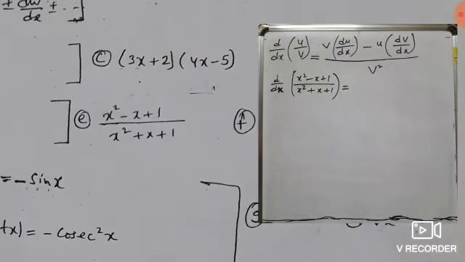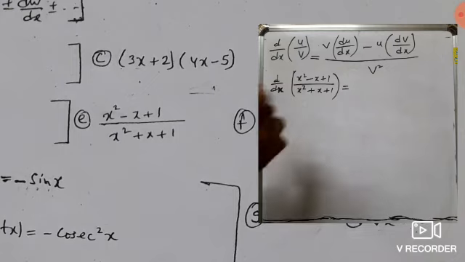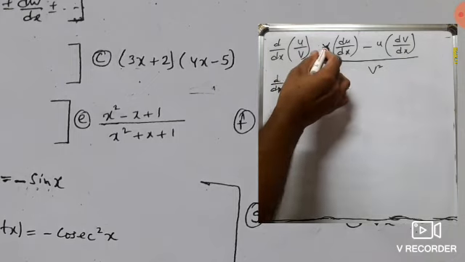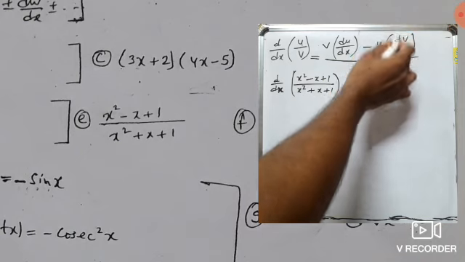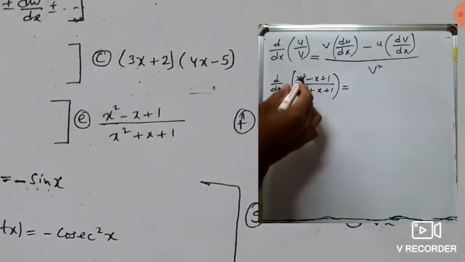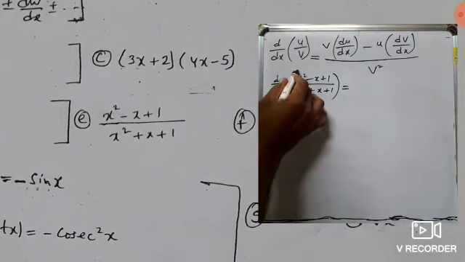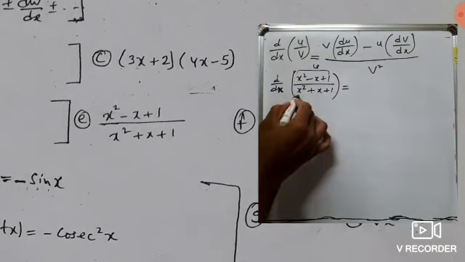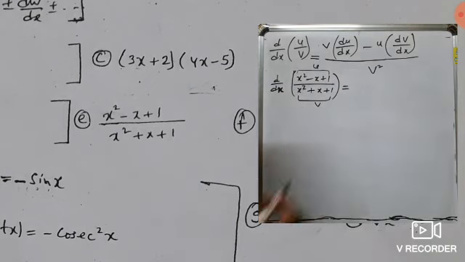So we can see on the blackboard that d/dx of u by v is v du/dx minus u dv/dx, by v square. So this is u and this is v.